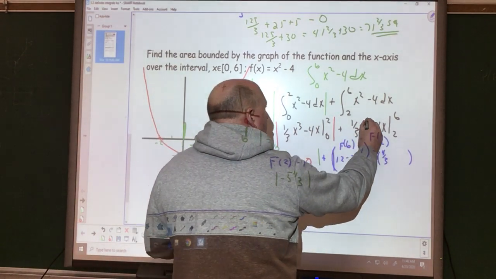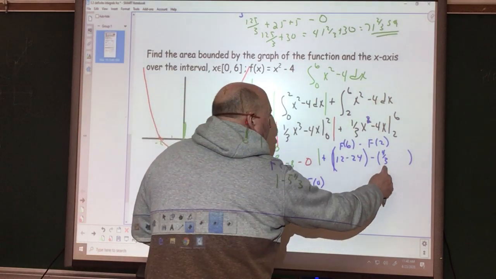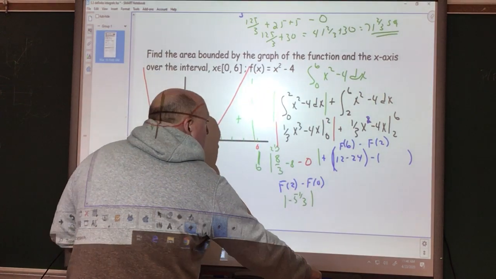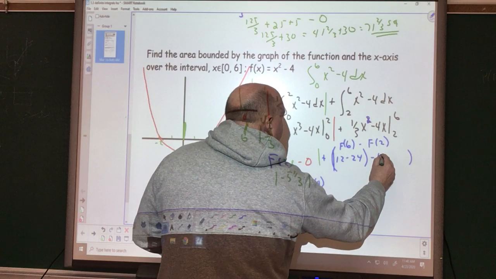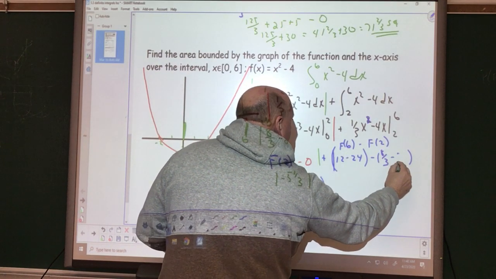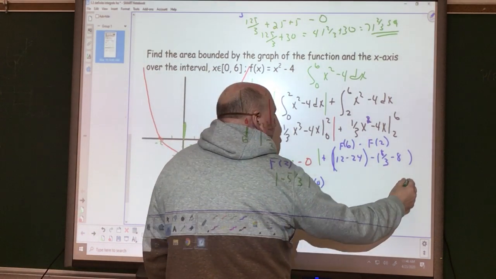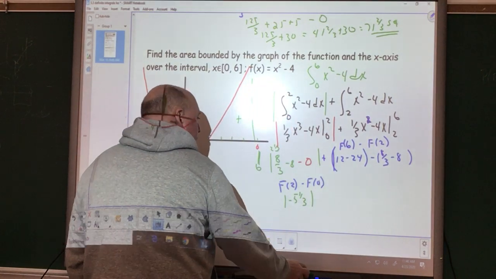This should be a cubed. There we go, sorry about that. So we have a value of 8/3 here minus a value of 8 here, and that's my evaluation at the value of 2.